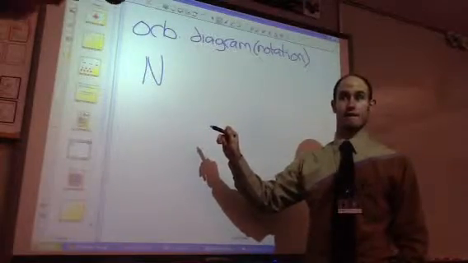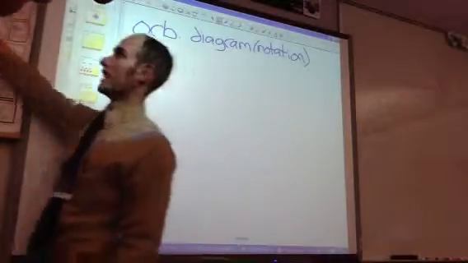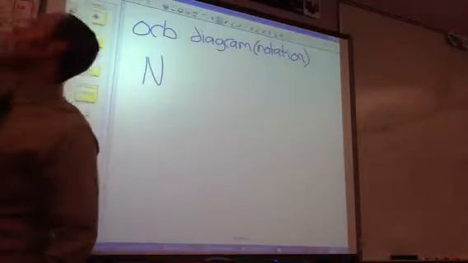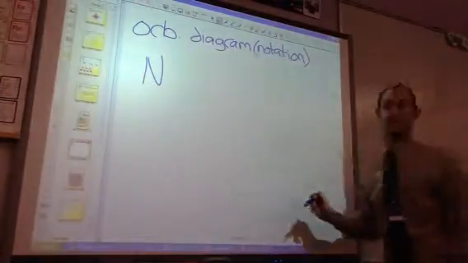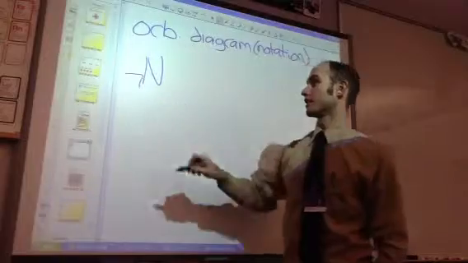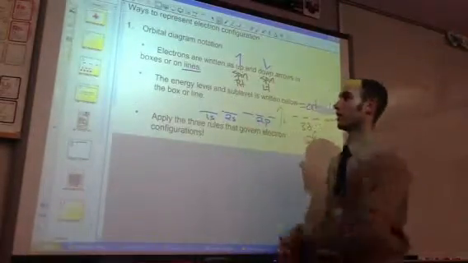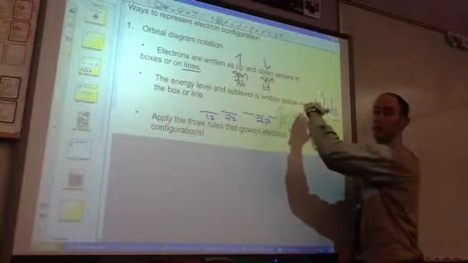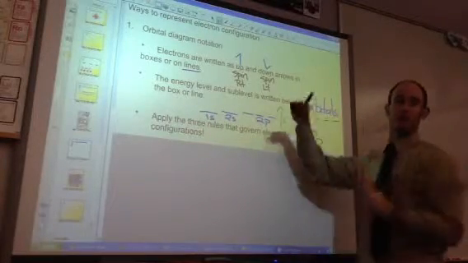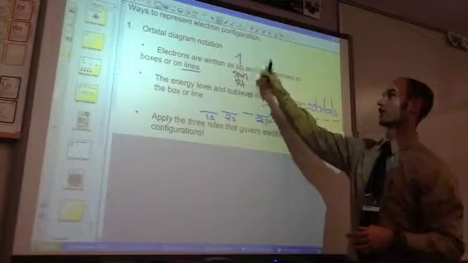Let's look. We have this big periodic table here to look at. Nitrogen has 7 electrons. So I'm going to follow my rules. I'm going to start with my energy levels, put them in the right order, and represent electrons as up and down arrows.